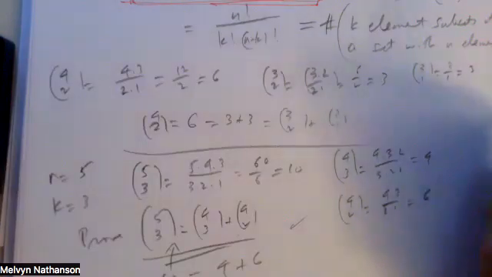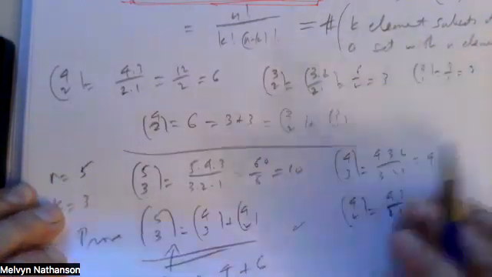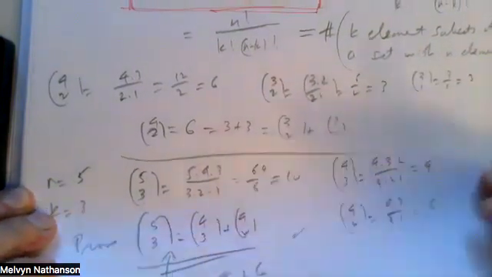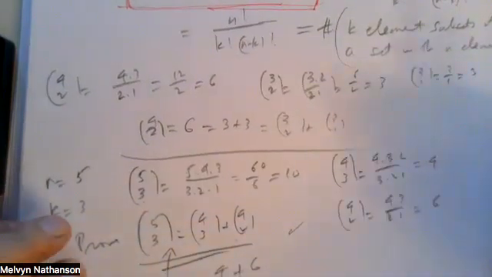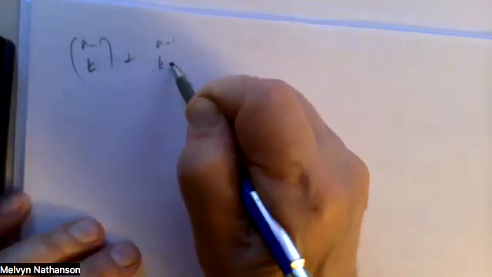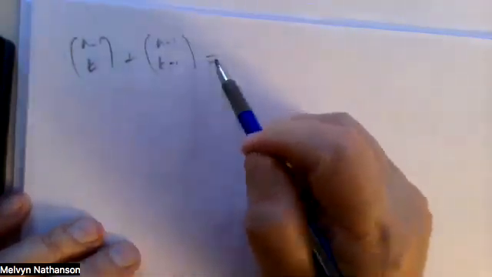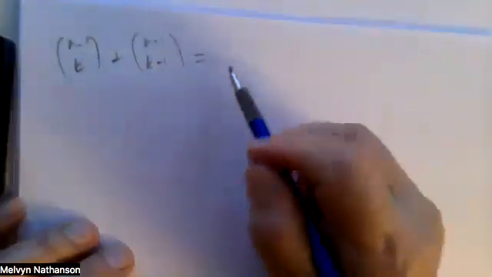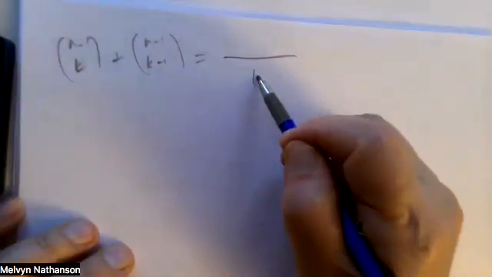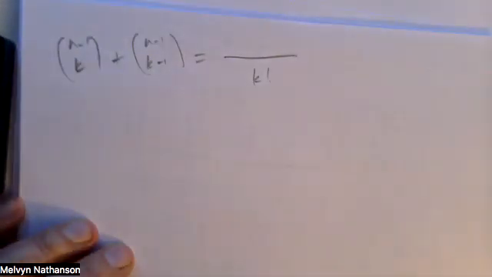And to prove the result in general requires some facility with algebra, I guess. Let's see. So suppose we have n minus 1 choose k plus n minus 1 choose k minus 1. What is that? So in the first fraction, we have a k factorial in the denominator.